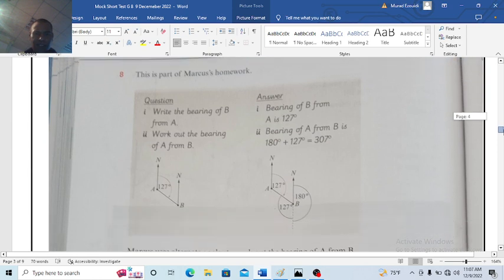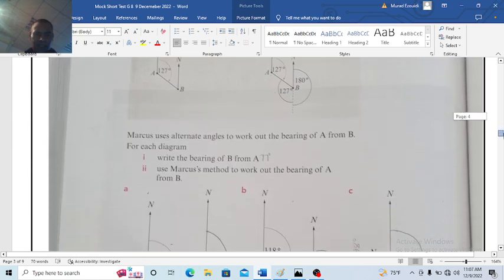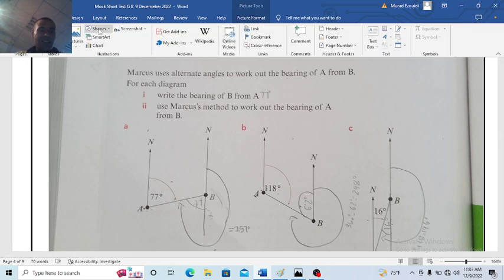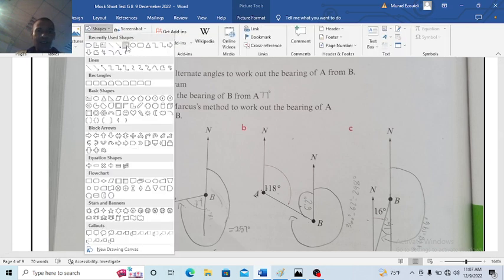Here we have a question. Max uses alternate angles to work out the bearing of A from B. This is the bearing of A from B. Okay, I will just explain this here.